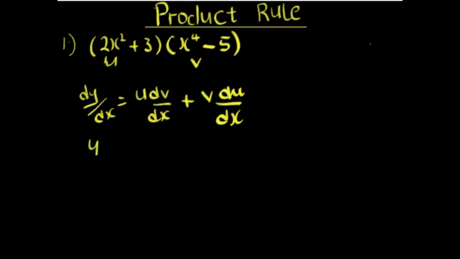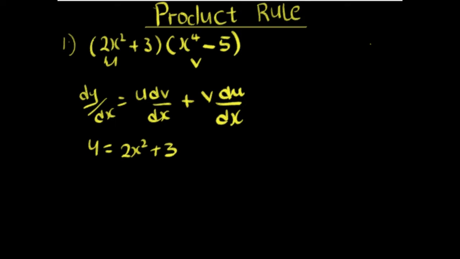So we have our u, which is equal to 2x squared plus 3. Let's differentiate this now. Usually when we are given a function in y, if we want to differentiate that, it's going to be dy over dx.